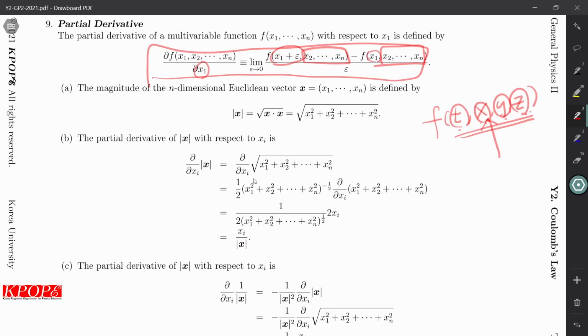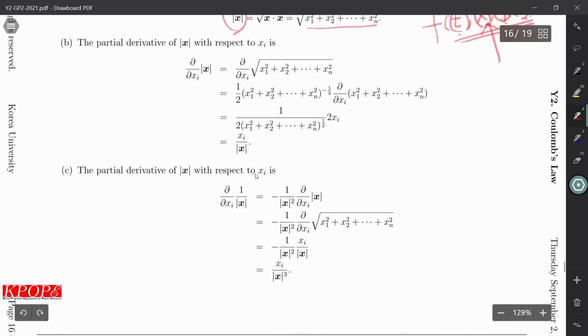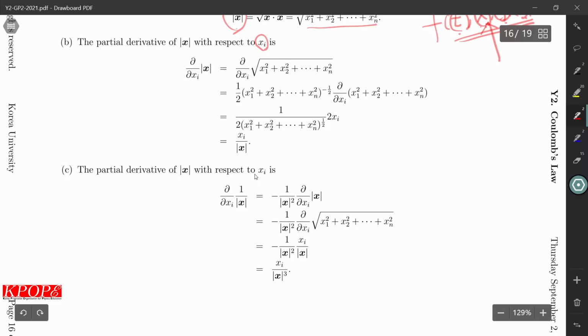For example, in n-dimensional Euclidean space, the magnitude of a vector is the square root of x1 squared through xn squared. The partial derivative with respect to xi can be computed in this way.